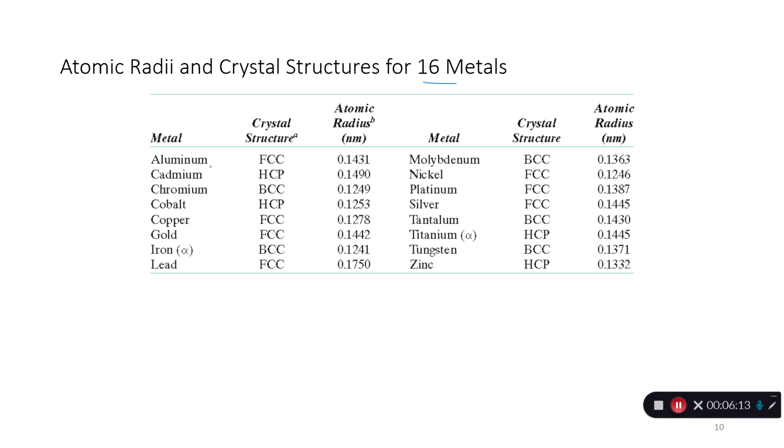Some of the structures are FCC, some are HCP, some are BCC, etc. You might be wondering why the materials have different structures, and I'm going to leave this task to you. After all the videos there'll be a discussion board where you'll have to do some quick research and give your input on why different materials have different structures.